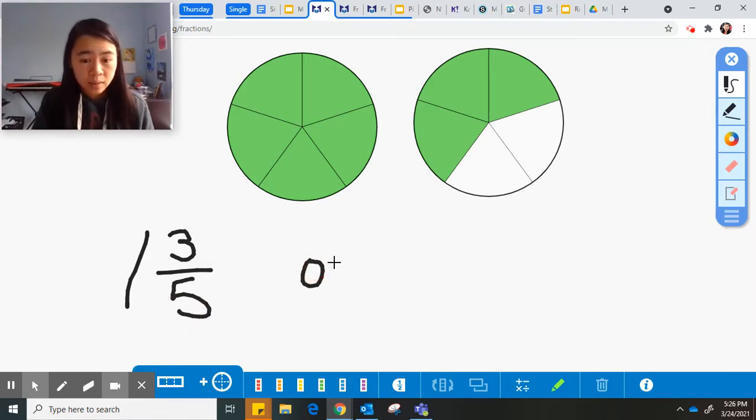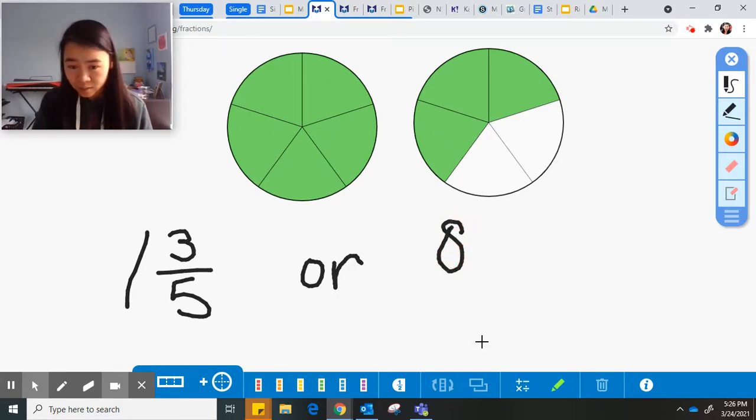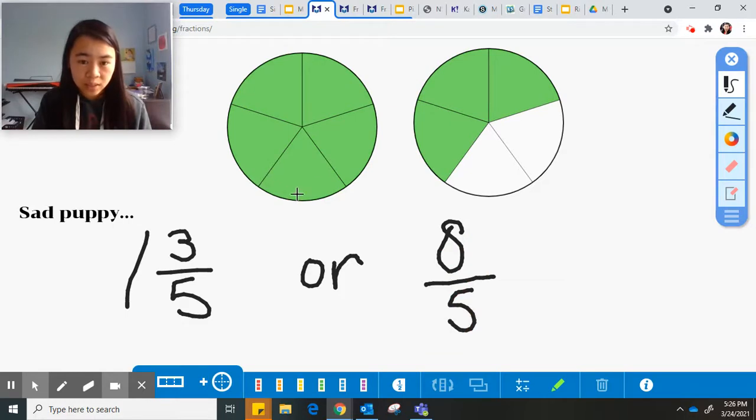Another way we can say this, so this is a mixed number, remember, because we have a whole number and a fraction. Another way to say this is that we have, well, 1, 2, 3, 4, 5, 6, 7, 8 slices shaded. And they are each the size of a 5th, right? They're all cut into these 1/5 sized slices.